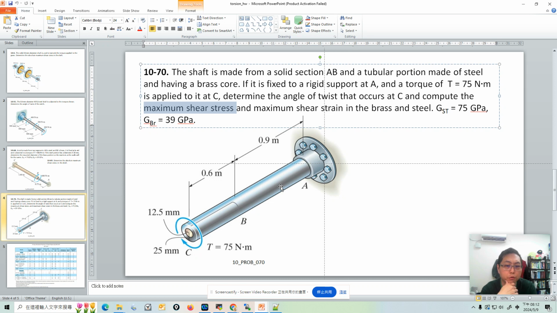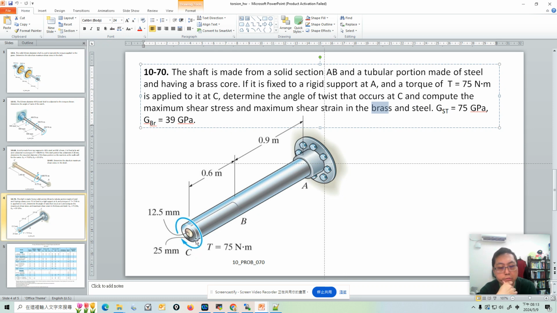For steel, you have to calculate the maximum shear stress in the solid part and in the BC part, and compare them. But for the brass, you only have to calculate the maximum shear stress at the surface of the brass.